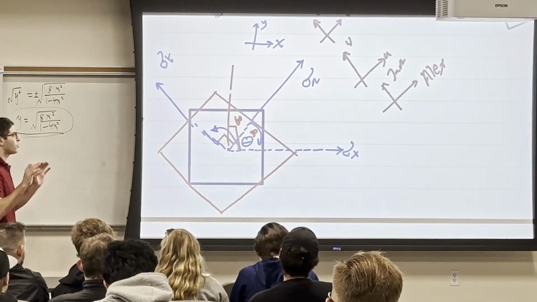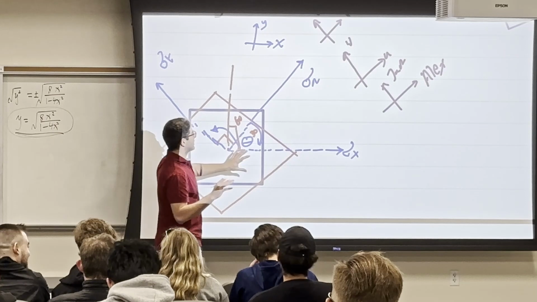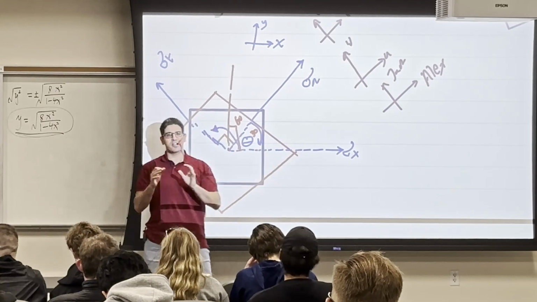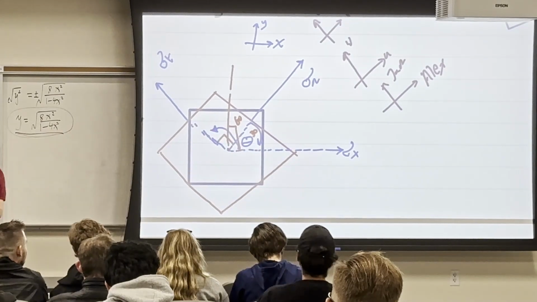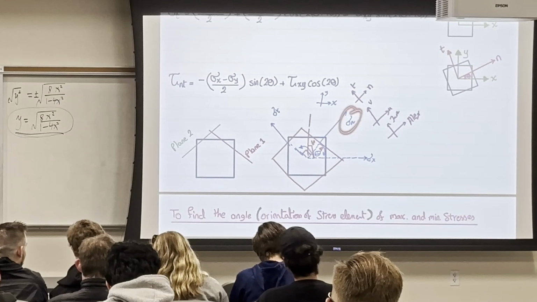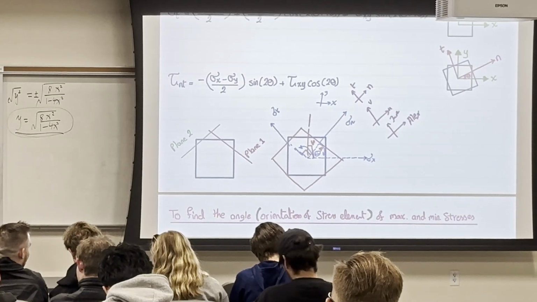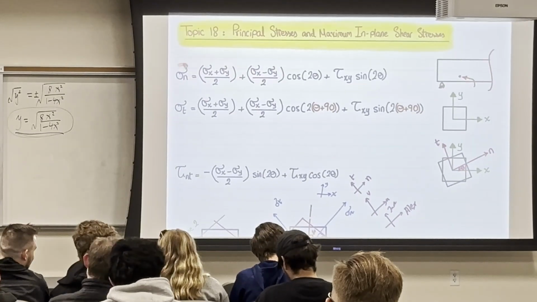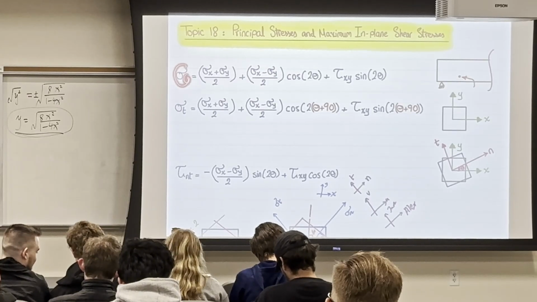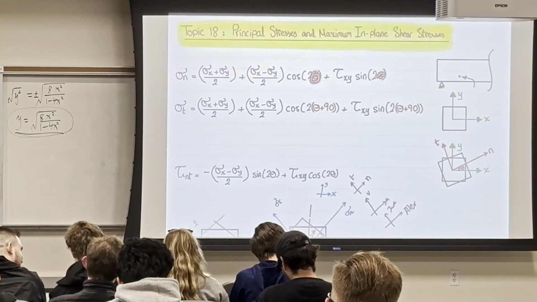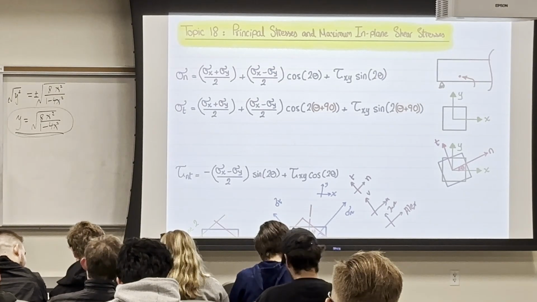So the rotation naming is not fixed. When I wrote here sigma n, I didn't mean n to be fixed. I mean anything that you're going to name n. I just wanted to make that clear so that you will understand that this theta is valid for any rotation.